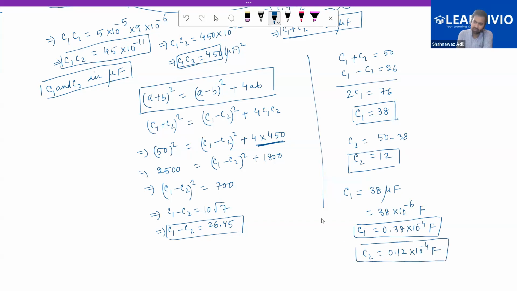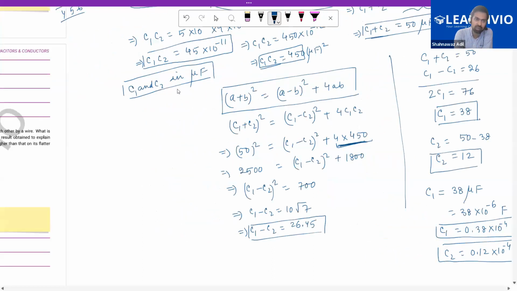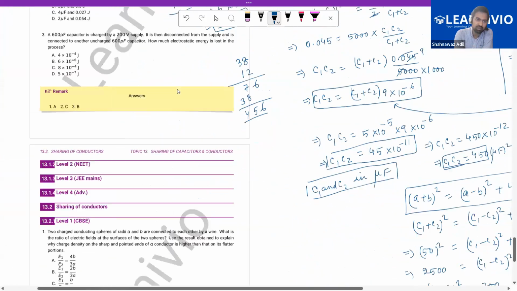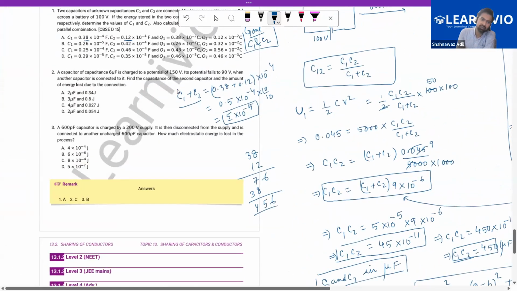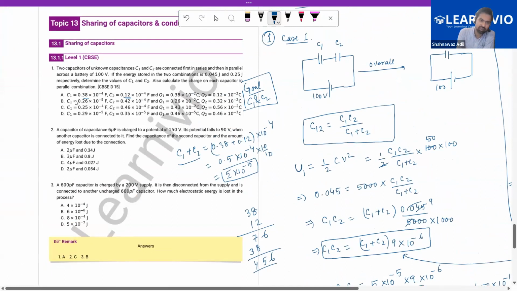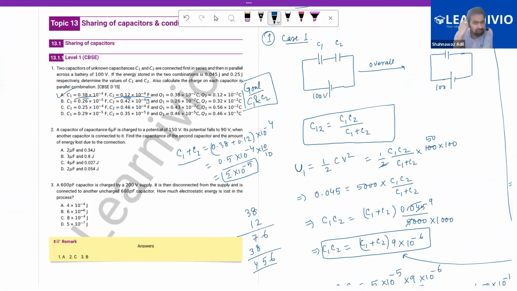So this is one mistake that we have done in here, and then we were getting it wrong. This one is a very lengthy problem, but yeah, this is important. This question is important. Now, how can we calculate the charges on these two capacitors in the parallel combination?